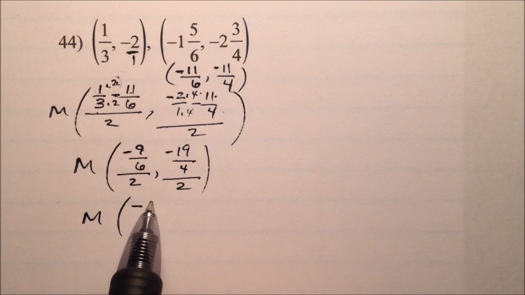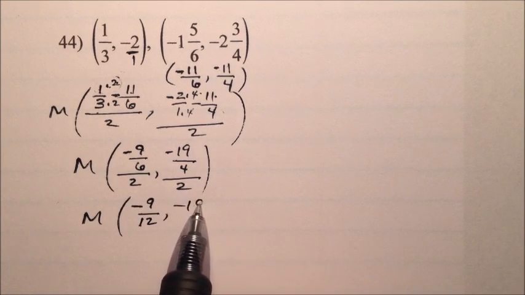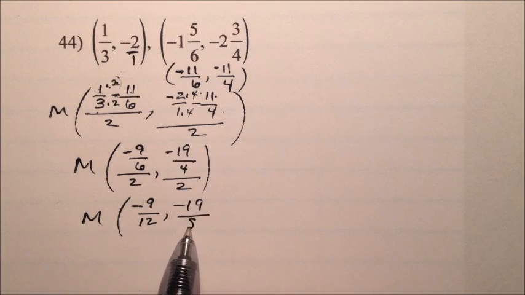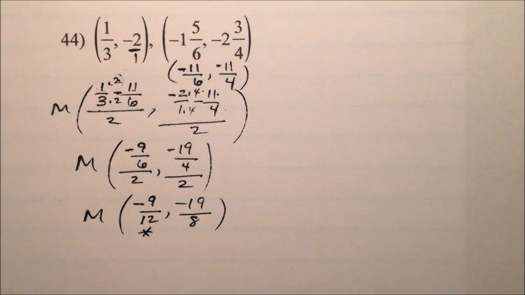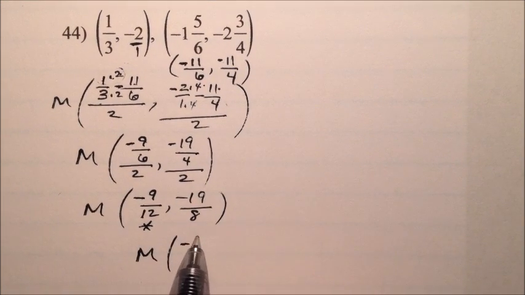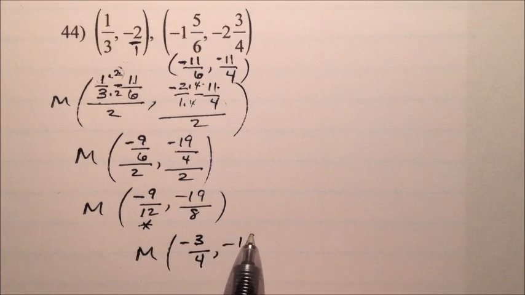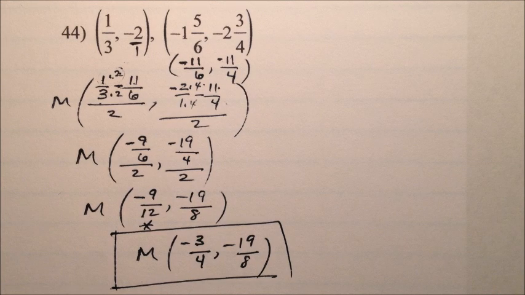So when we do that, we'll have negative 9 over 6 doubled is 12, and then negative 19 over 4 doubled is 8. And then I noticed that this guy right here I can actually reduce. So the midpoint here is negative 3/4, negative 19/8. So the answer for number 44 is the ordered pair negative 3/4, negative 19/8.